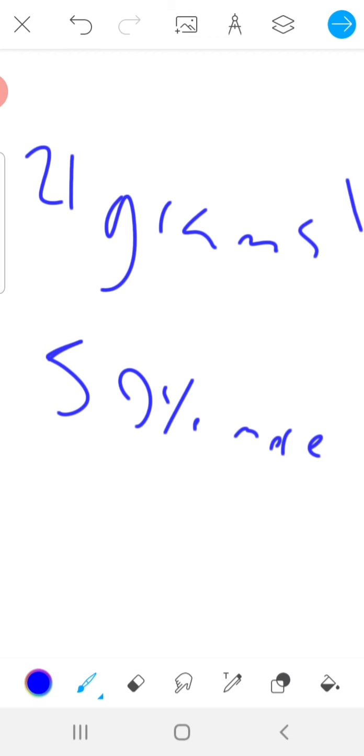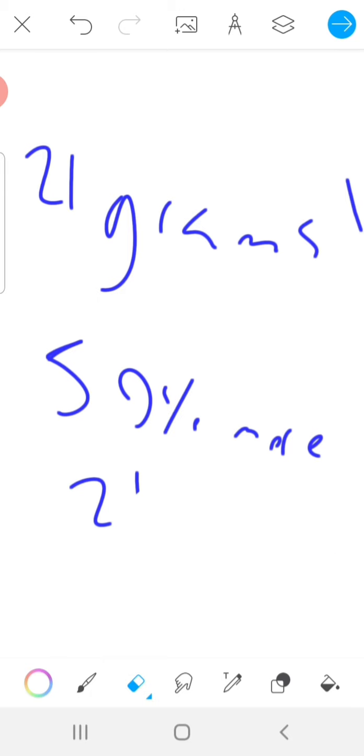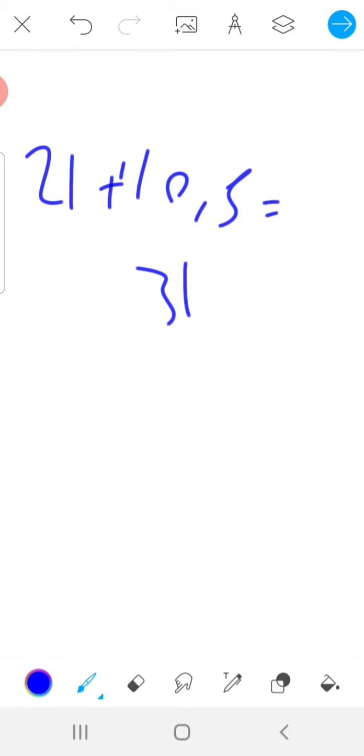Again, 50% is equal to 1/2. So if you divide 21 by 2, you get 10.5. And 21 plus 10.5 is equal to 31.5 grams.